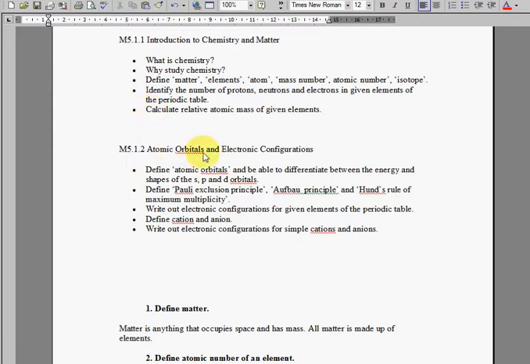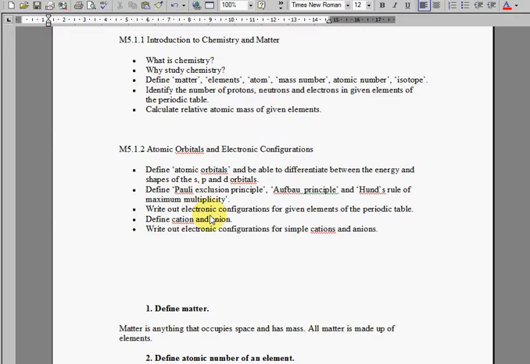Then you go into a bit more detail with atomic orbitals and electronic configurations, looking at atomic orbitals and how electrons are distributed through an atom then. And then the rules that govern, there's the Pauli exclusion, the Aufbau principle, and Hund's rule, which determines then how electrons will fill the shells or the orbitals on atoms as you move across and down the periodic table.